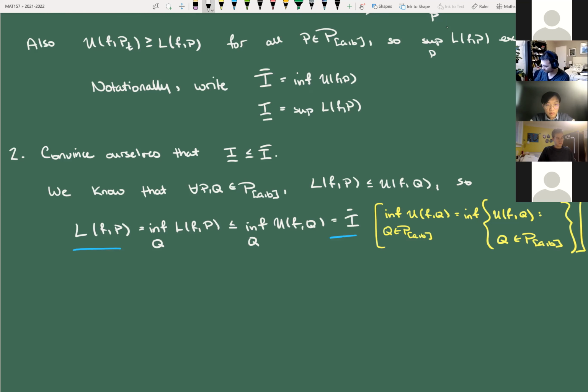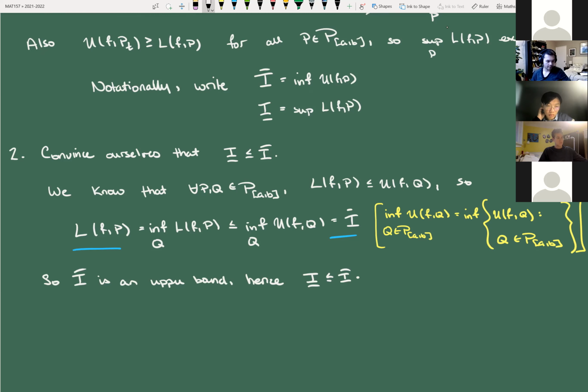So I upper bar is an upper bound. Hence, I lower bar, which is the least upper bound, is less than or equal to the upper integral. Is that infimum? Yeah, inf.